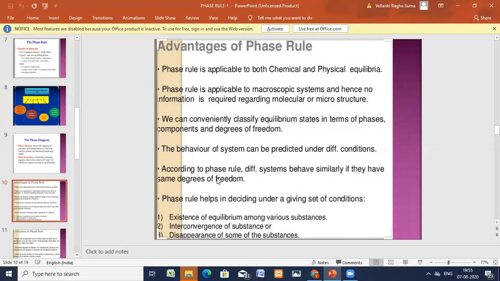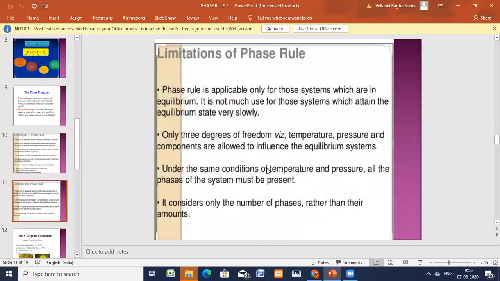So for various substances, how the equilibrium is there, how the interconversion of a substance happens, how some substances disappear, how substances combine, and how they come into equilibrium, all this can be explained using the phase rule. So these are the advantages of the phase rule.